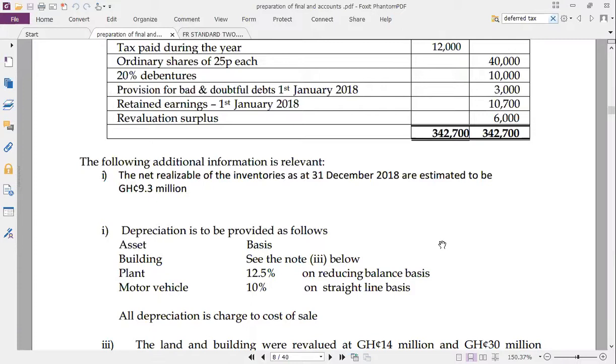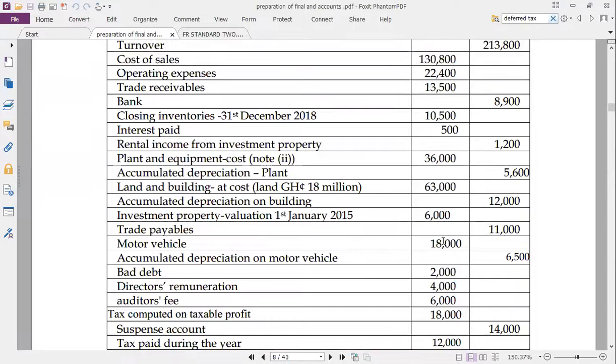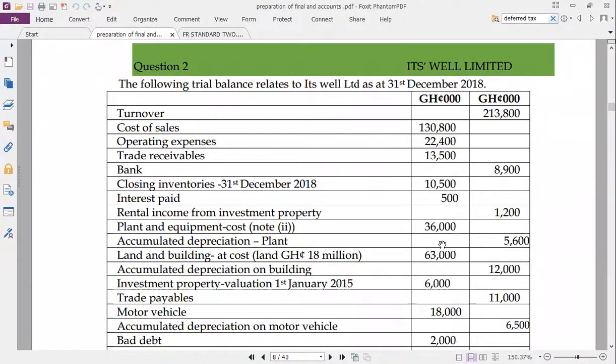Asset, basis: the building, see note 3 below. Plant, 12.5%. So let's go to the plant. On the trial balance, plant and equipment, note 2. So the cost is what?